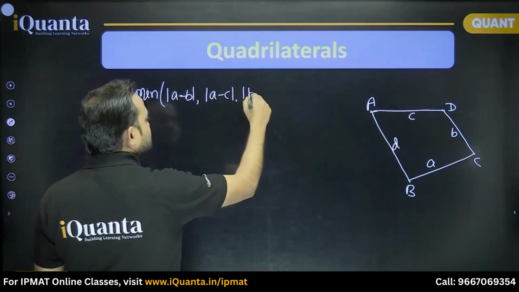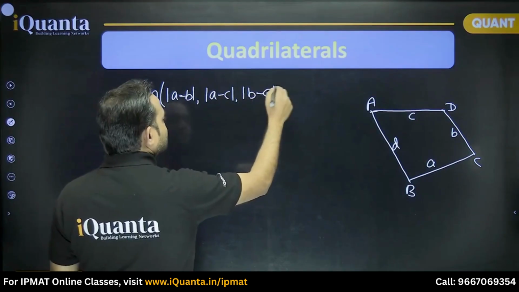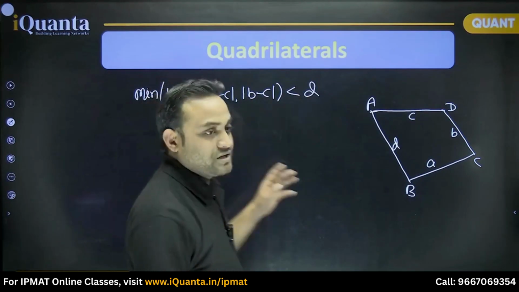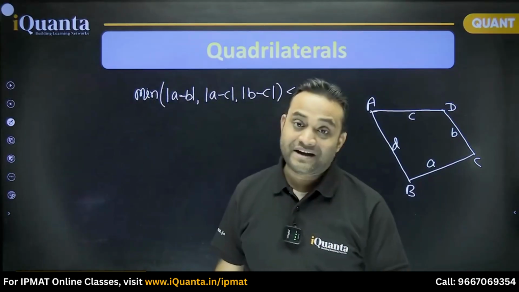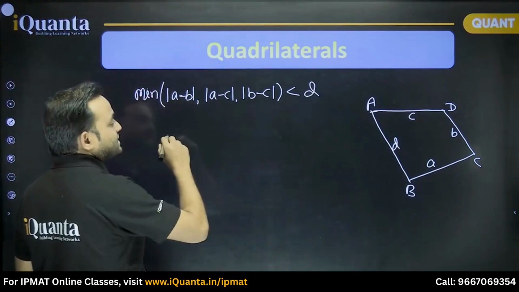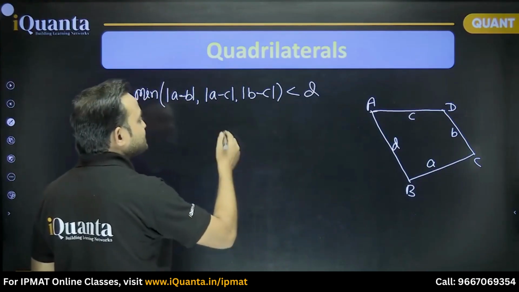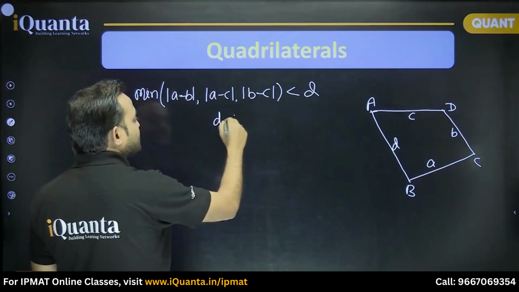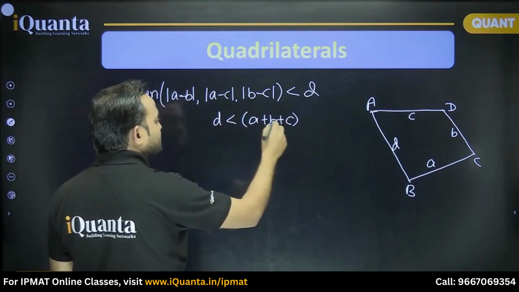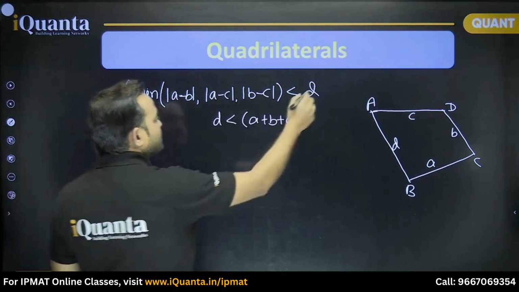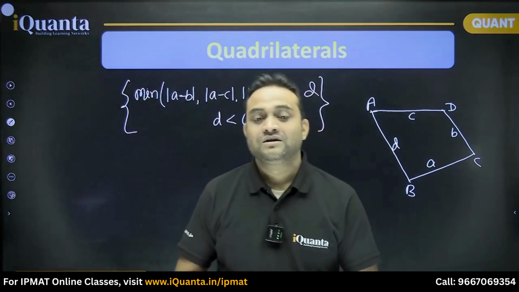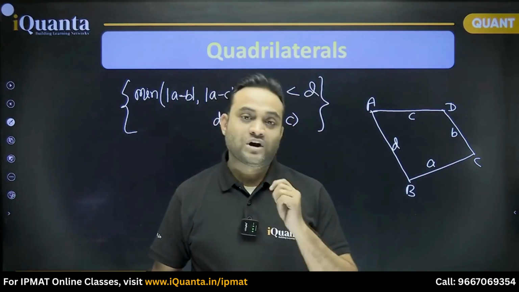So the fourth side must be greater than this minimum. And the largest side must be less than the sum of the rest of the three sides, which means we can also say that D must be less than A plus B plus C. So these are the two properties that you should know about the side lengths in a quadrilateral.